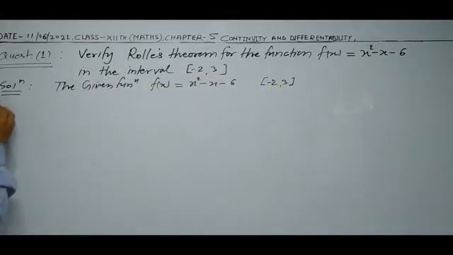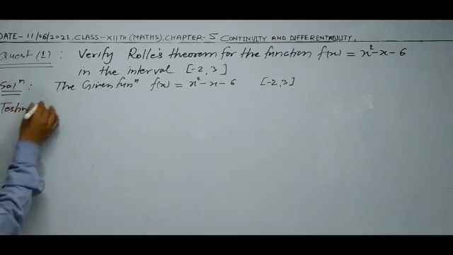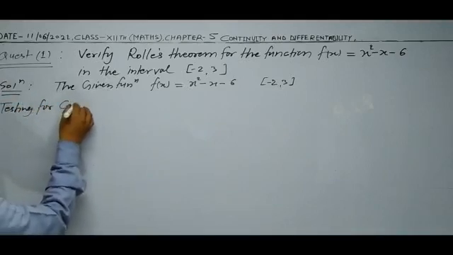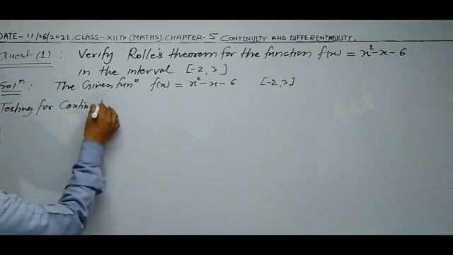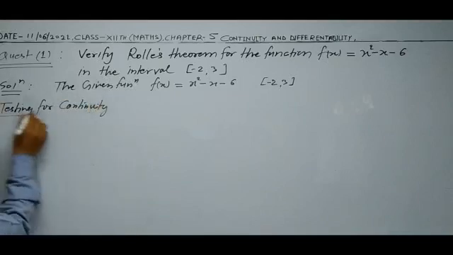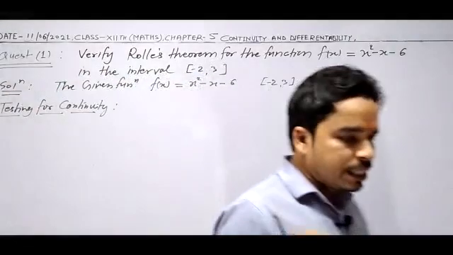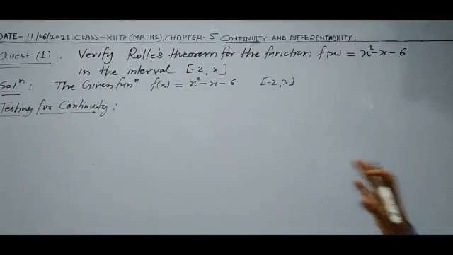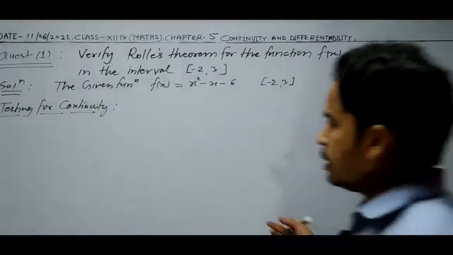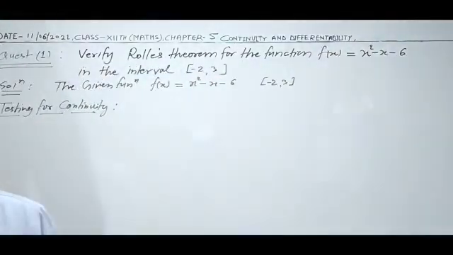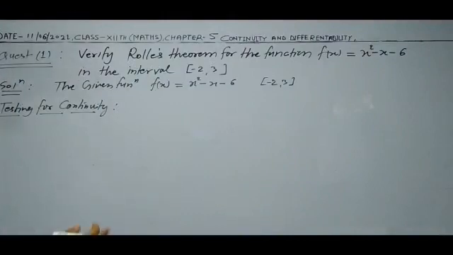Testing for continuity. I have written some important notes related to continuous and differentiable functions. Testing for continuity, you know every polynomial function is continuous for all x belongs to R.